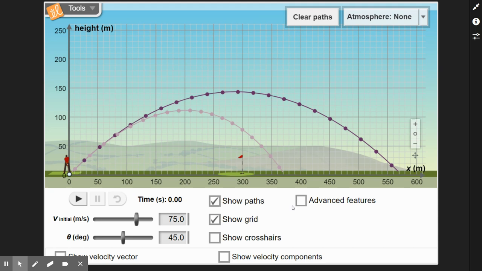What is the moon's gravity? It's about 1/6 of Earth. So let's see, 9.8 divided by 6, we're looking at around 1.6 and change. So we're going to go to advanced features, and we're going to change the gravity to about 1.6.